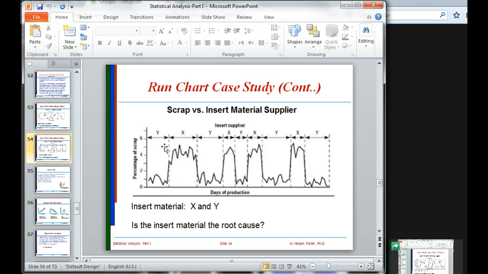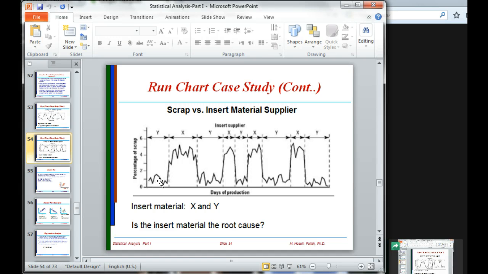They were using two different suppliers, X and Y. The chart shows material from supplier Y, then supplier X, supplier Y, supplier X. And you can see it jump out at you that the problem wasn't the operator, as people usually claim, but the material and the supplier.